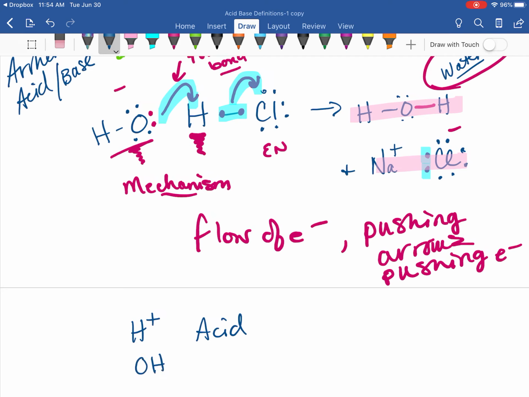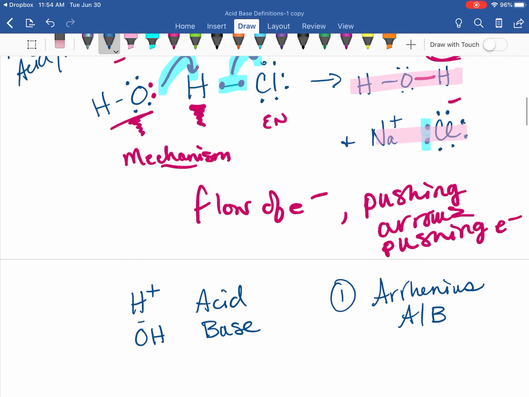That is your acid. OH- is a base. Now, this has been around for a very long time. This is definition number 1. We will have several. This is our Arrhenius acid-base definition.